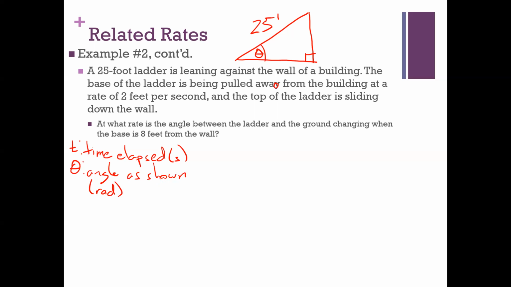So I'm looking at time. I'm looking at that angle which we call theta. What other quantities do I need to look at? Anything? How am I defining that angle? Or where does it exist?